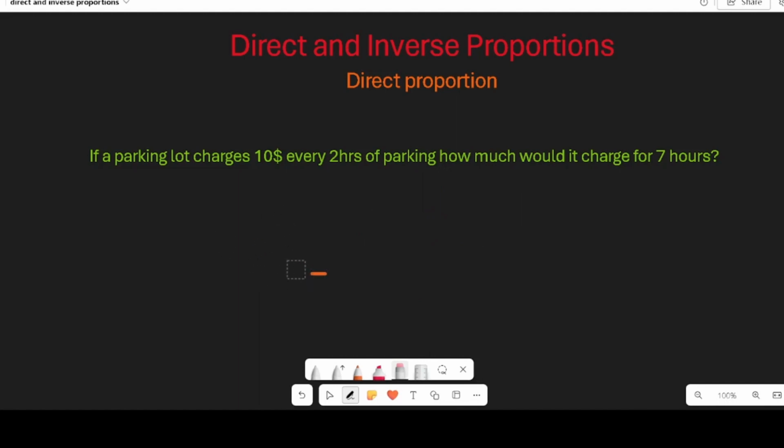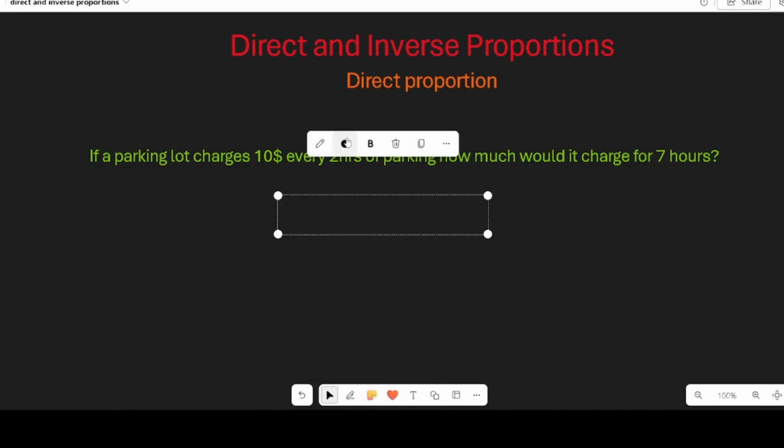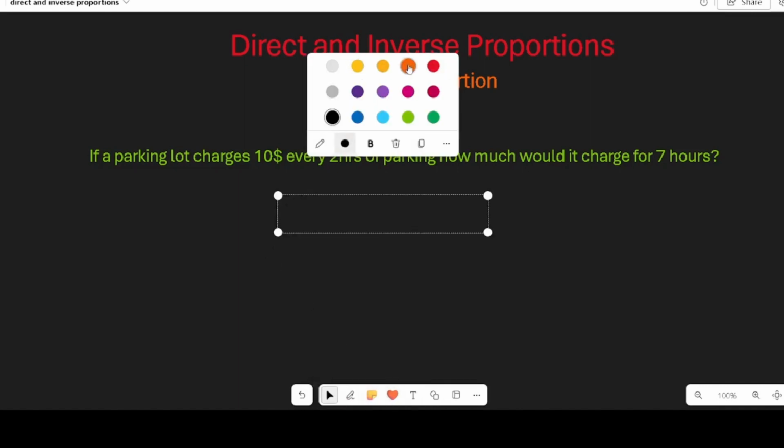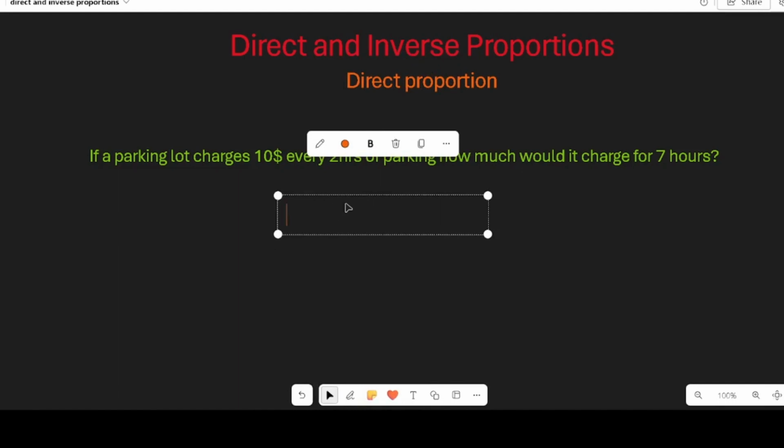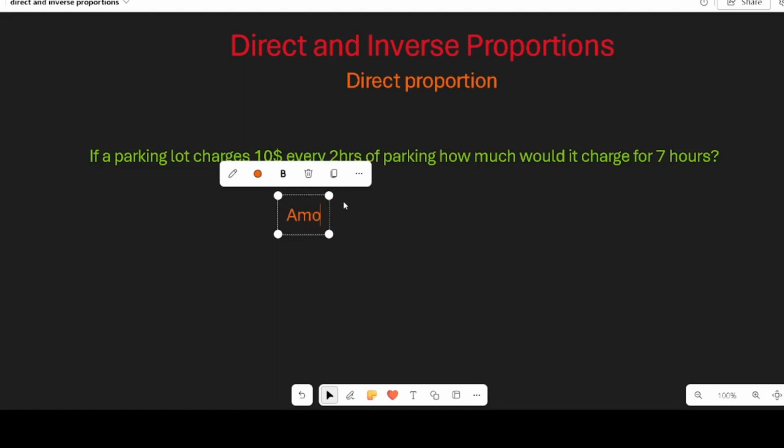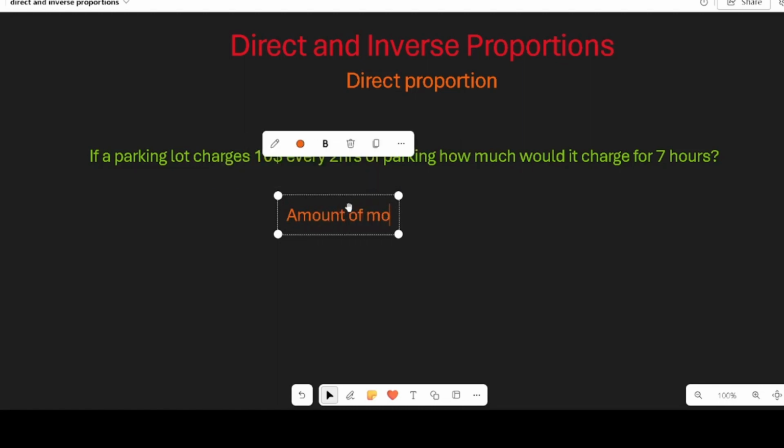First you should create a small table-like structure. Let's make 2 columns. One is for the amount of money, and another one for time.